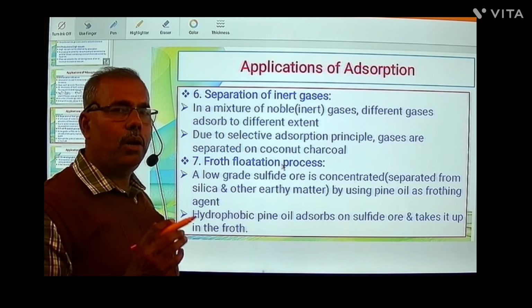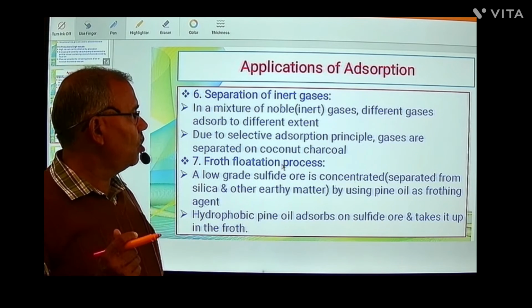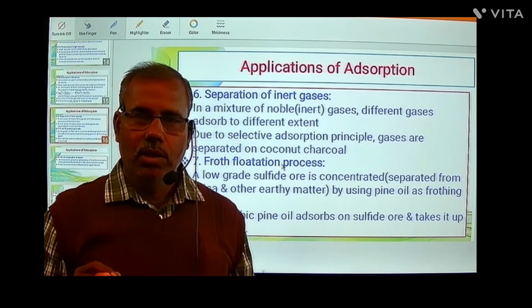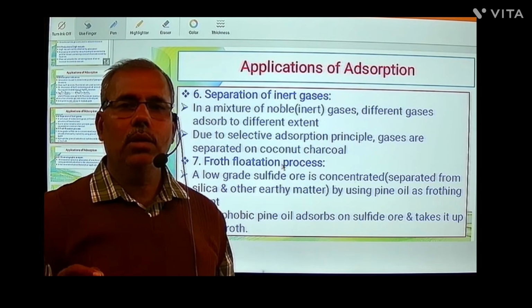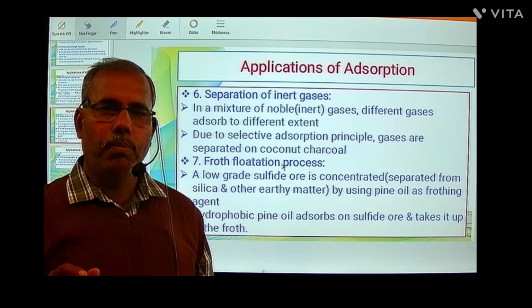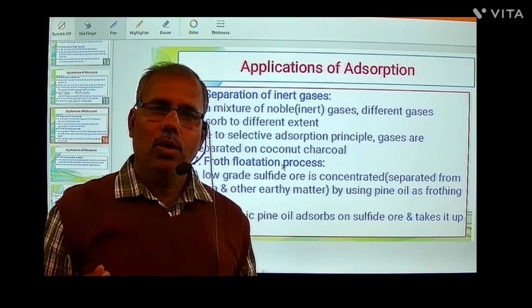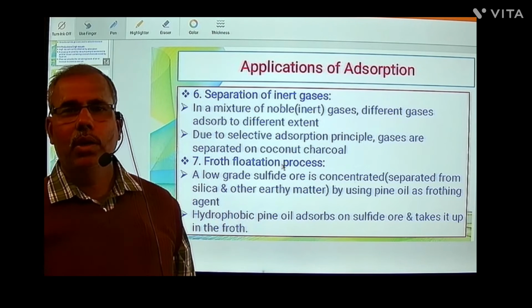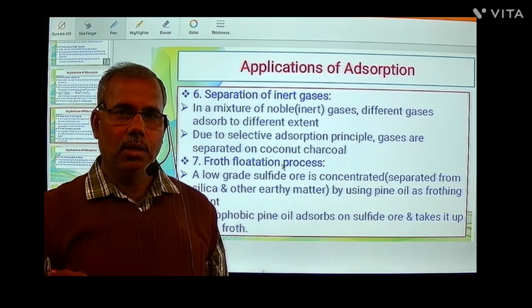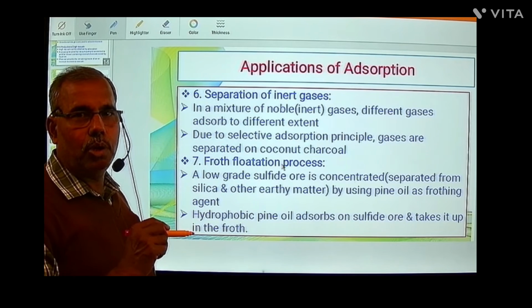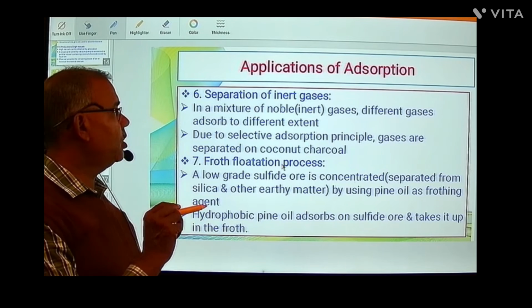Now when we have a mixture of these inert gases or noble gases, different gases adsorb to different extents. Therefore we use this adsorption phenomenon for the separation of these gases.